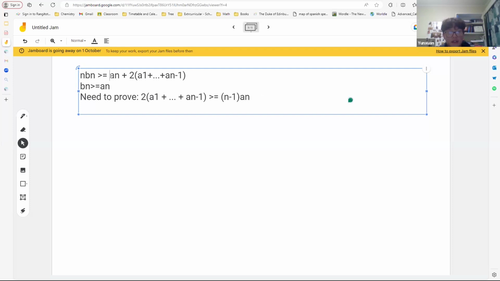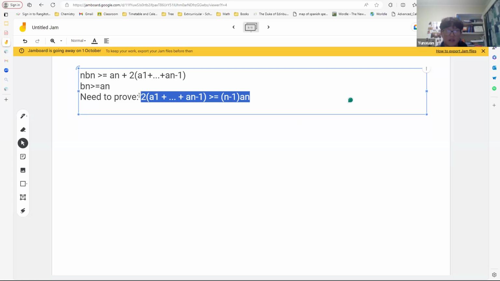Because if we have this side is larger than or equal to n times an, and this side is n times bn, we have that n times bn is larger than or equal to this expression, which is larger than or equal to n times an.